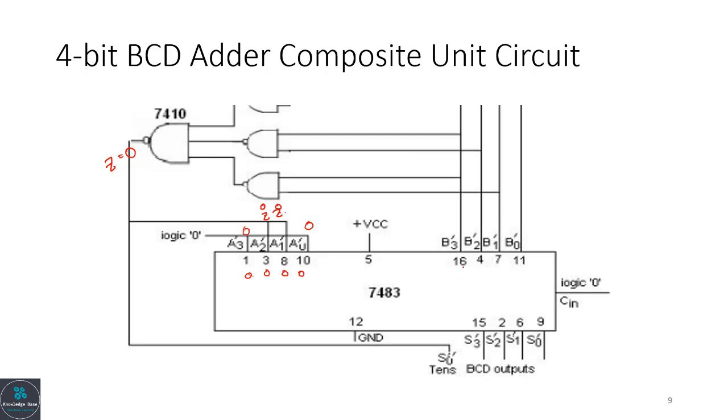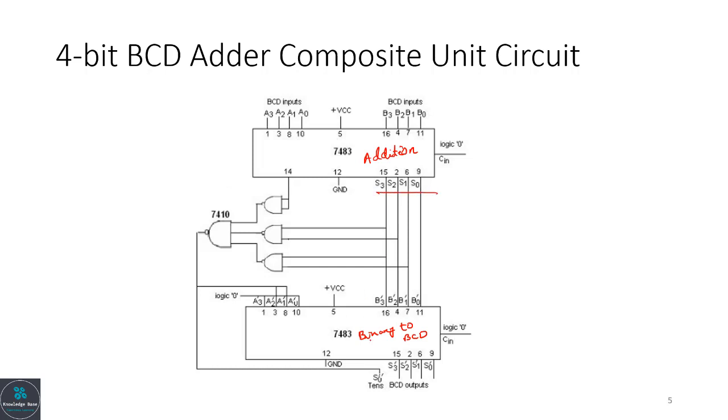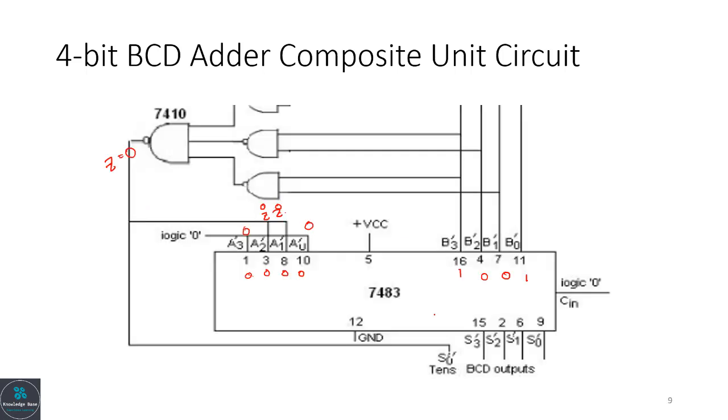Now B value is 1, 0, 0, 1. It is coming from the summation, which is directly connected to the B of the second 7483. So from this we are getting that A is 0000, that is 0, and B is 1001, that is 9. So if we perform the addition, the tens is Z, so it is 0, and the result, that is S3 bar, S2 bar, S1 bar, and S0 bar, is 1001.